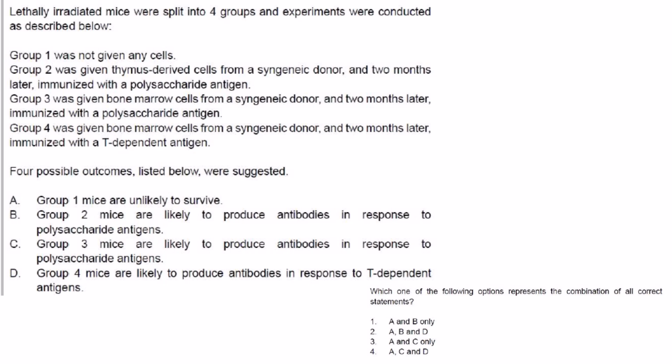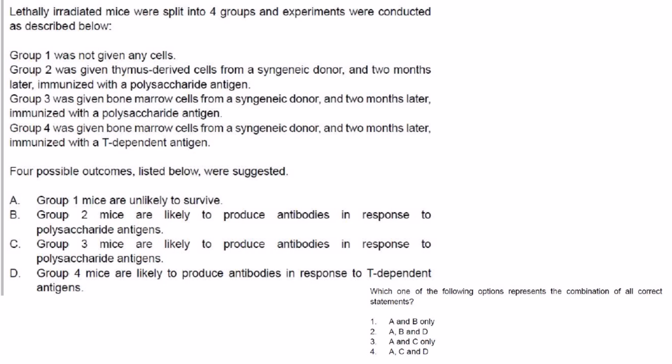Now hematopoietic stem cells, they reside in the bone marrow. So bone marrow hematopoietic stem cells can differentiate into B cells, T cells. Remember one thing, T cells originate in the bone marrow but mature in the thymus. So for T cell to form, bone marrow has to be there. Okay. So now what they have done?